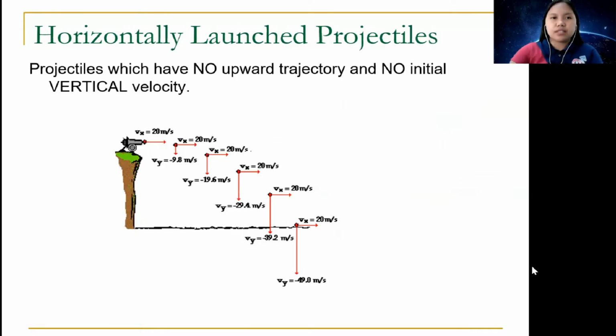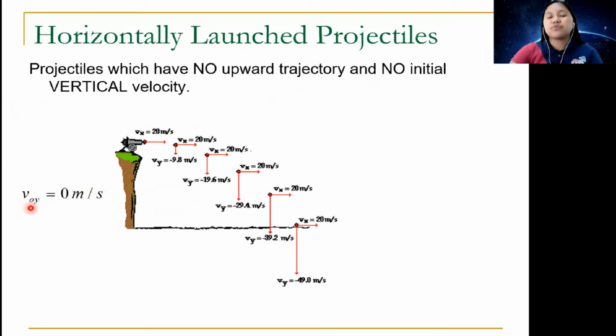So it's different, okay? Horizontally launched projectiles have no upward trajectory. That means it is just going down, okay? And it has no initial vertical velocity, so nothing at all. We can see here in the diagram, right, we have a cannonball, and the vertical velocity, which is the y.